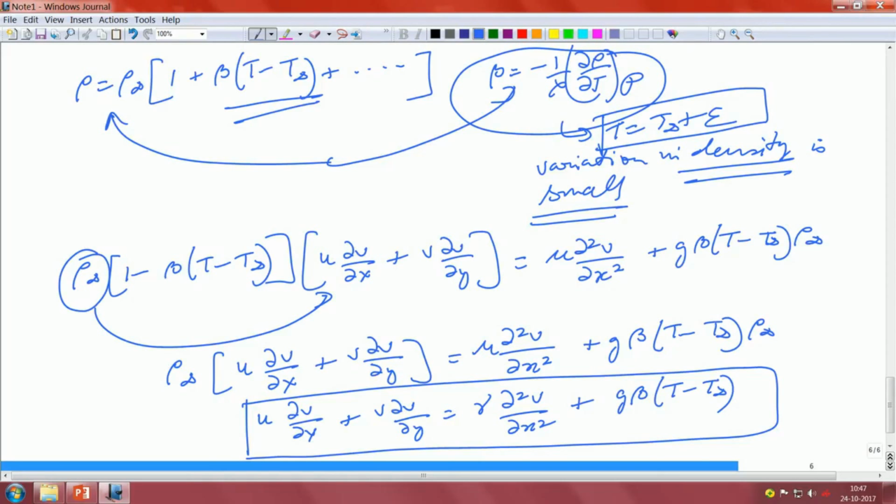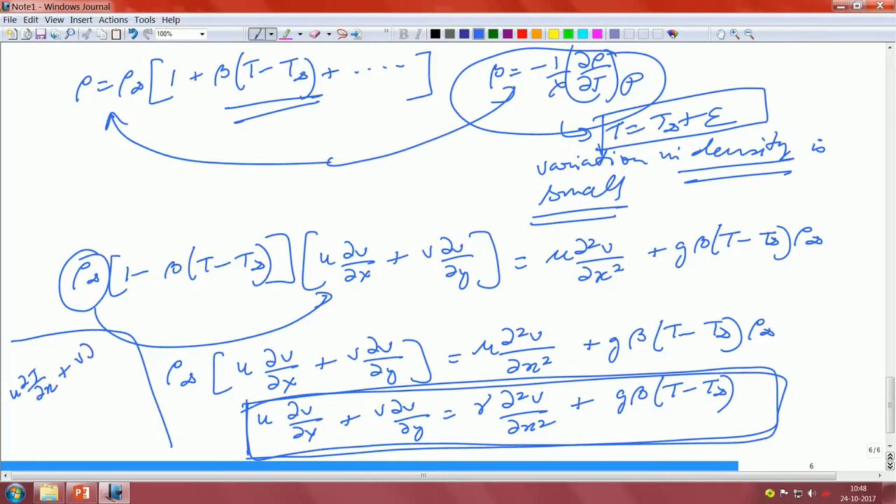And now we see that the momentum and the energy equations are intricately coupled to each other, because this has got T minus T infinity over here, right. And if you write the energy equation in this particular case, which is u dT by dx plus v dT by dy is equal to alpha d squared T by dy squared, that will be what it will be, right.